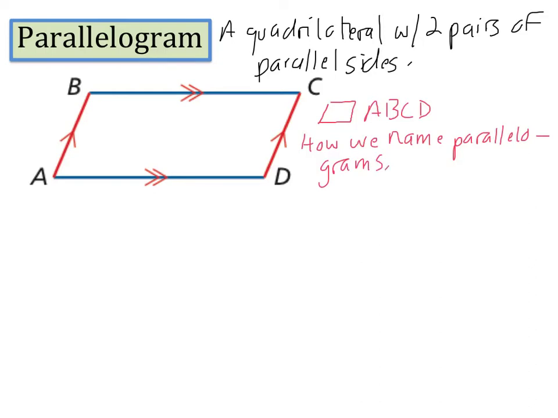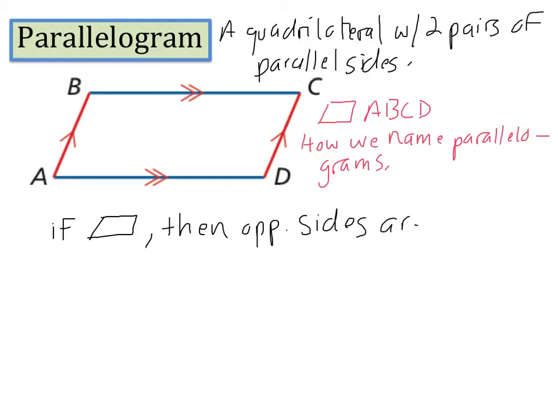Now the first theorem we want to talk about for parallelograms is that if we have a quadrilateral and it's a parallelogram, its opposite sides are congruent. So if we have a parallelogram, then the opposite sides are congruent.